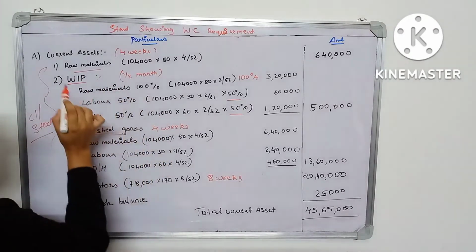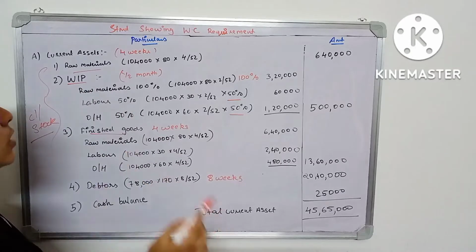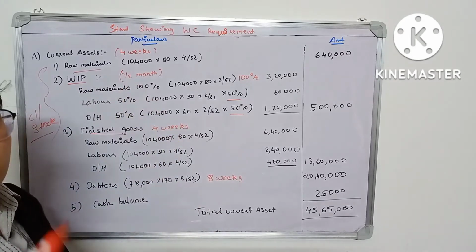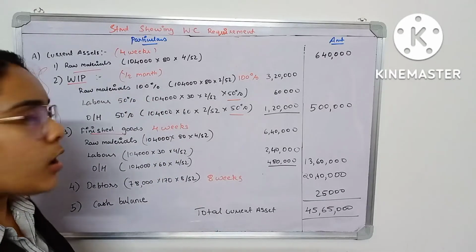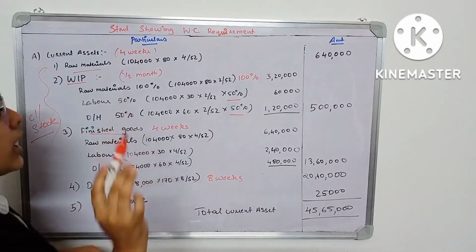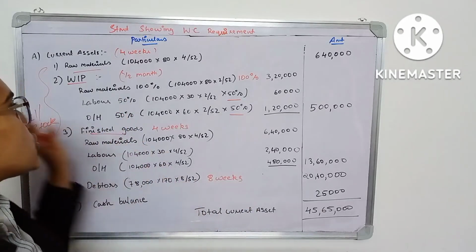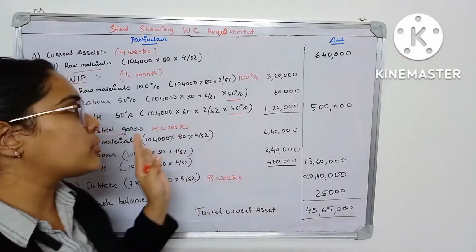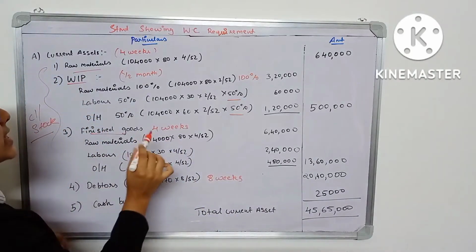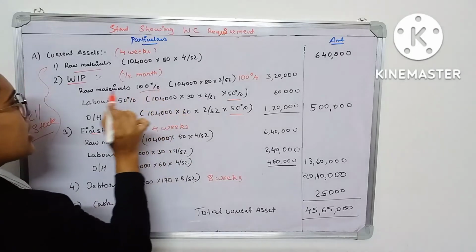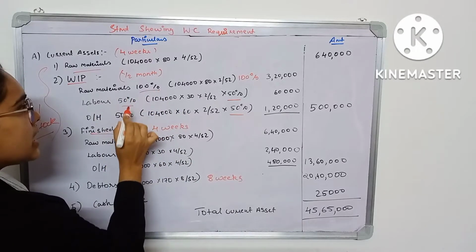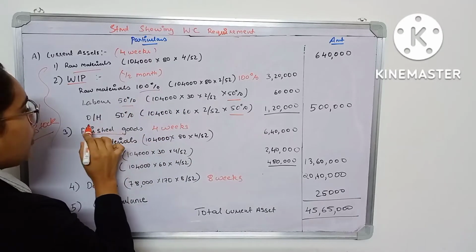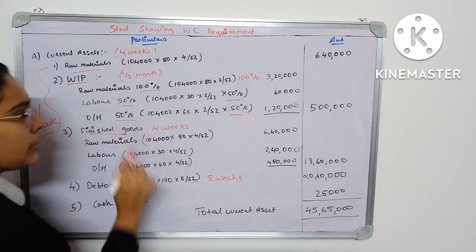Now coming to work in progress, it is kept in stock for half a month. Half a month is equivalent to 2 weeks. So there is a general rule with regard to work in progress: if nothing is mentioned in the question, you have to consider that raw materials consumption is 100%, labor consumption is 50%, and overhead consumption is 50%.